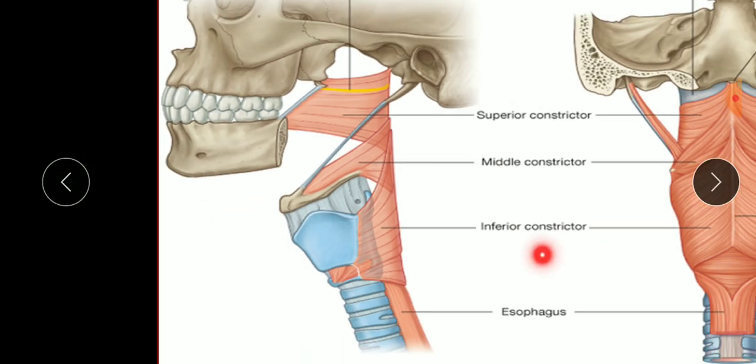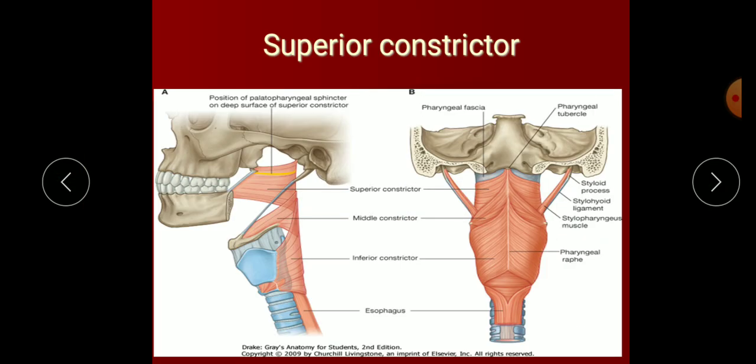So now we are going to discuss the first constrictor, that is the superior constrictor. So first we are starting with the superior constrictor. So look at that, that is the superior constrictor. This superior constrictor, I told you, is the most superiorly lying of the three constrictors. And what is so specific about the superior constrictor is it has got a wide origin.